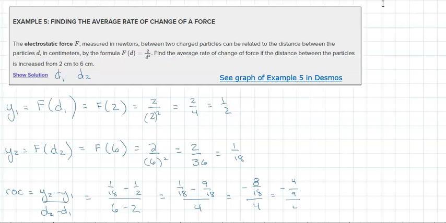The 4s are going to end up dividing out, and you get negative 1/9. And the unit is newtons per centimeter. Okay, so that's our answer there.